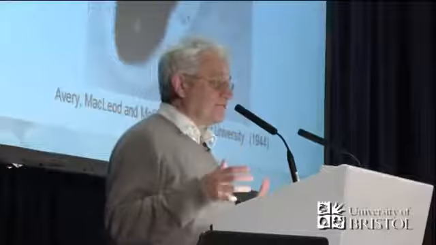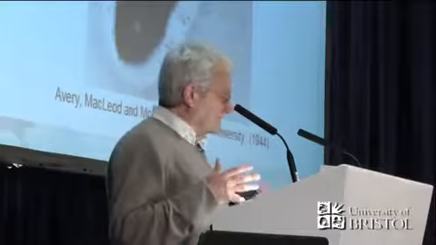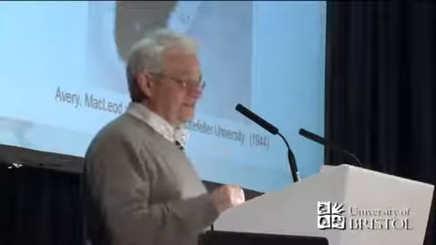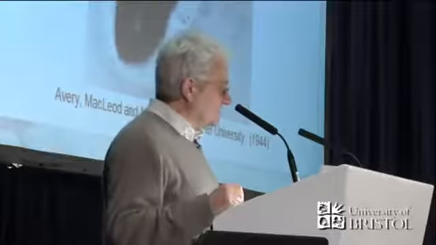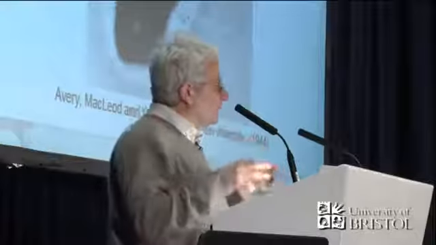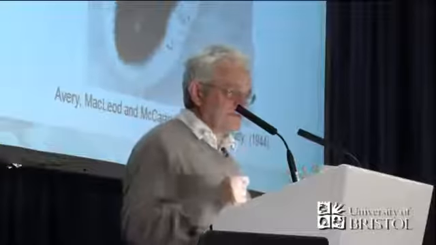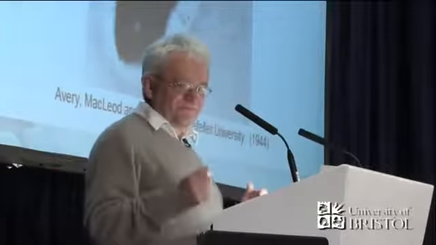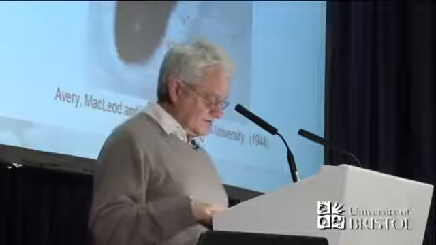This was very contentious at the time, not least of all by some of their colleagues at Rockefeller University. Their fiercest critics were their immediate colleagues, because DNA was such a simple molecule, or thought to be, compared with proteins, that it was difficult to see how information could be encoded in that.